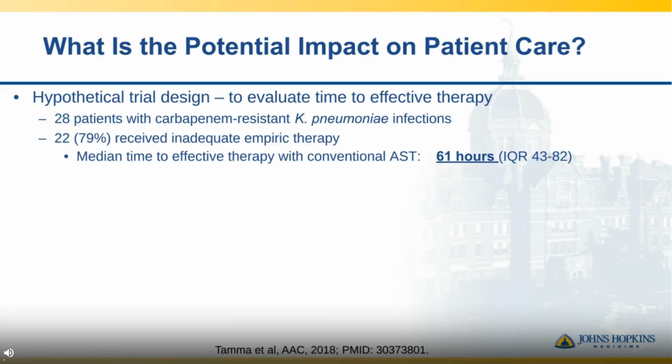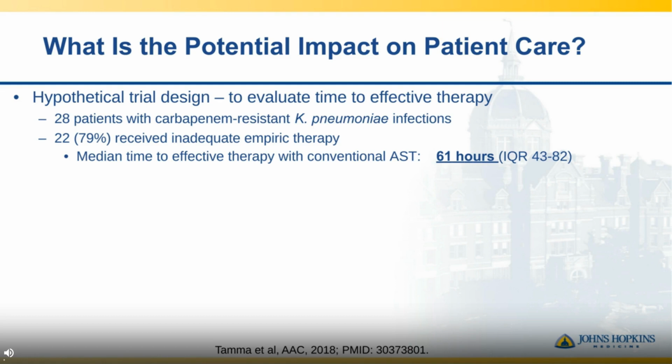So the logical next question was, could we have an impact on patient care if the clinicians had those results within that 31 or 36 hours, as we're estimating in the previous slide? So we did this hypothetical trial design to evaluate time to effective therapy.